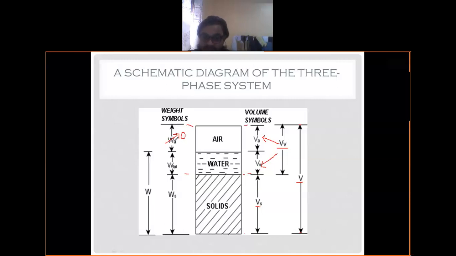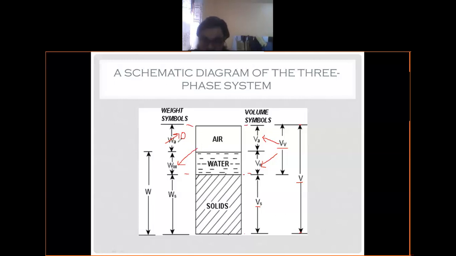So indirectly, the weight of voids, Wv, can be represented by the weight of water alone. I'm repeating again: the weight of voids, Wv, can be represented by the weight of water alone since Wa can be neglected.